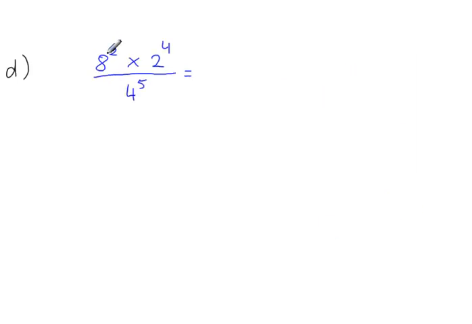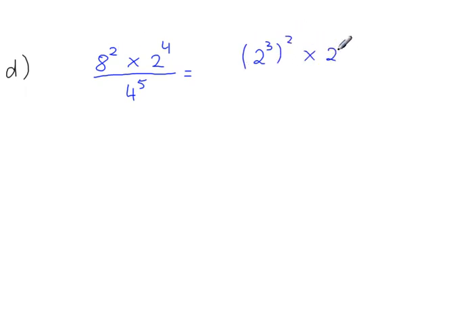In this question, we have a number of different bases. These are all different, and it would be sensible to use a base of 2, the smallest one, to represent all of these terms. So 8 is 2 cubed. It's 8 squared. So I've got this.